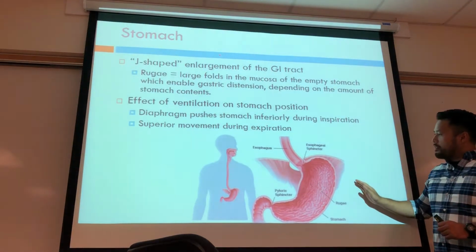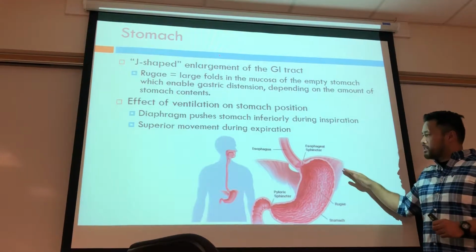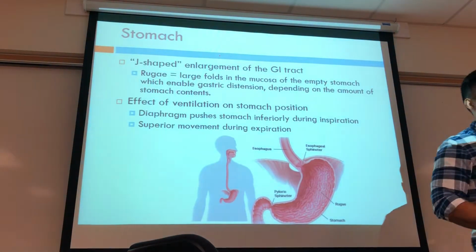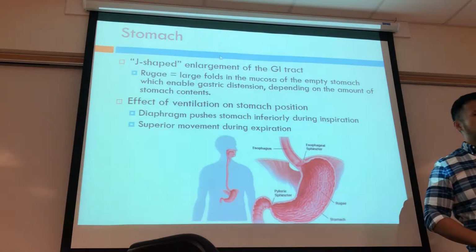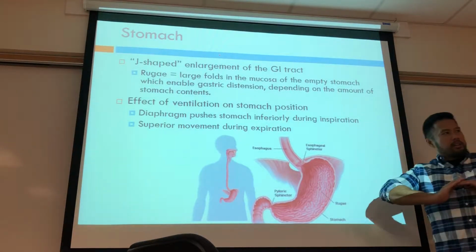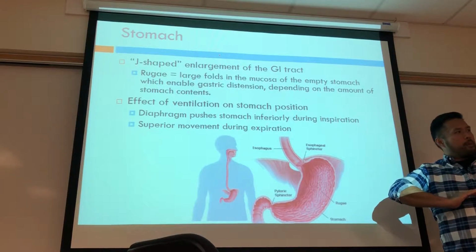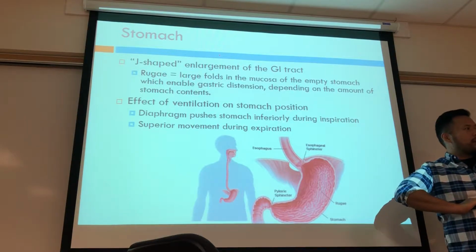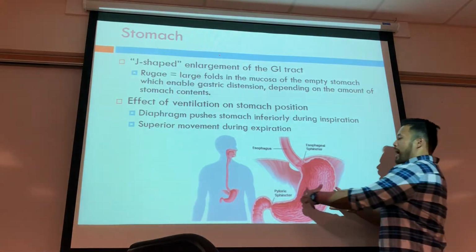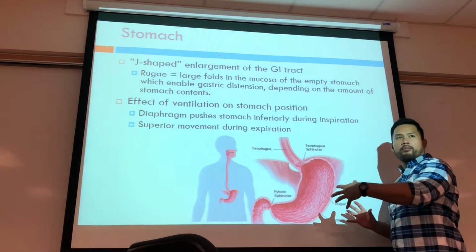Above the stomach, just superior to it, is the diaphragm. And what did we learn about inspiration? Inspiration involves the contraction of the diaphragm. It moves posteriorly, so contraction of the diaphragm pushes down on the stomach. Now, when the stomach fills up, you increase the abdominal pressure.